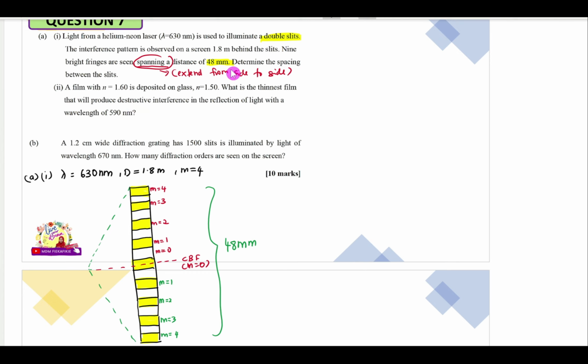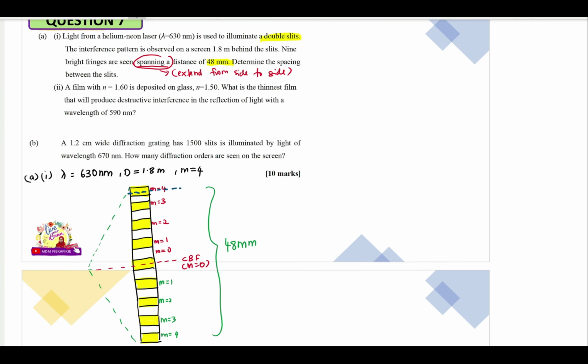And then 48 mm is the distance from one side to another side. Tetapi jarak daripada central bright fringe, kita ada belajar ym kan? Equation ym equal to apa-apa. ym adalah distance daripada central bright fringe kepada order yang kita ukur. Contoh, saya nak ukur ke sini.